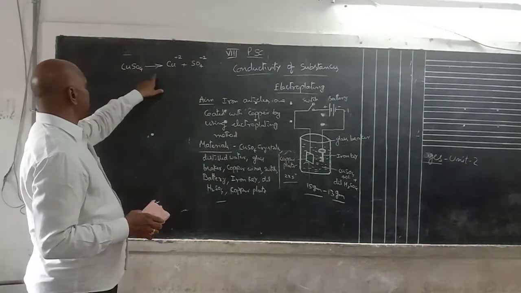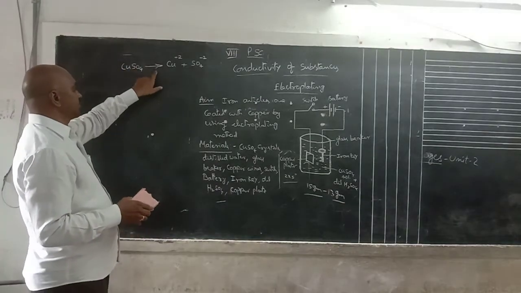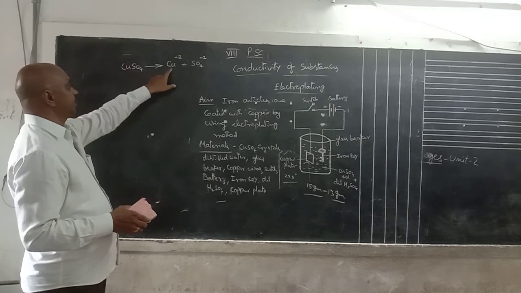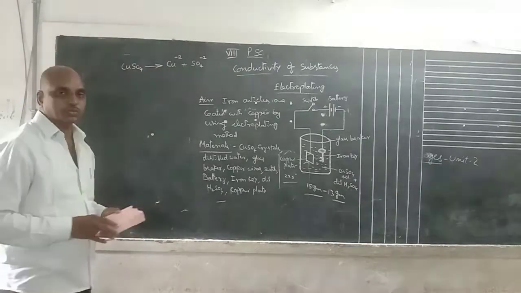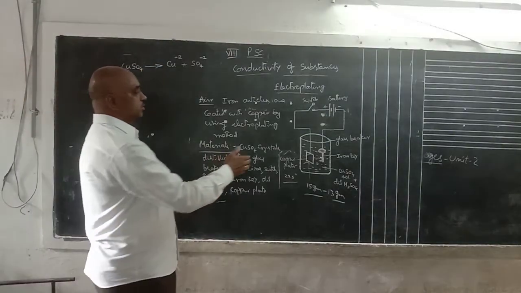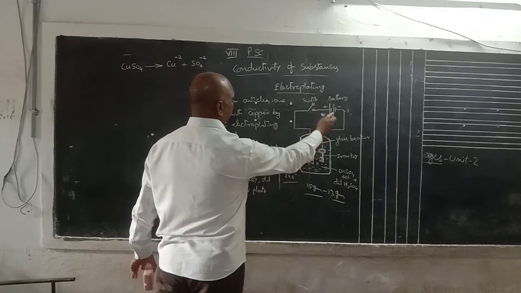The chemical reaction is like this. Copper sulfate, formula CuSO4, when electricity is passed or it is dissolved in water, this copper sulfate divides into positive and negative ions: Cu 2+ and sulfate 2-. These positive copper ions go towards the negative terminal of the battery. Here the key is connected to the negative of the battery.